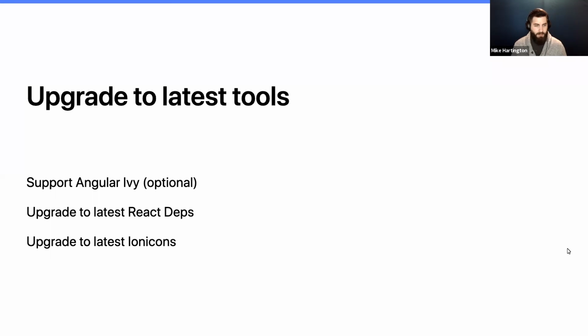Then we also upgraded to the latest version of Ionicons. Now, this includes a lot of changes to how the icons are named, but the renaming of icons is actually quite simple. And we can go into that and show you how you can at least figure out where these icons are coming from and how to update them to the latest version.